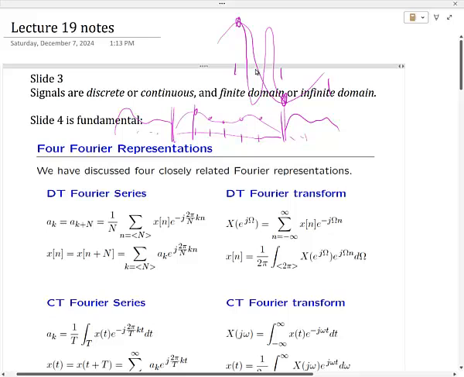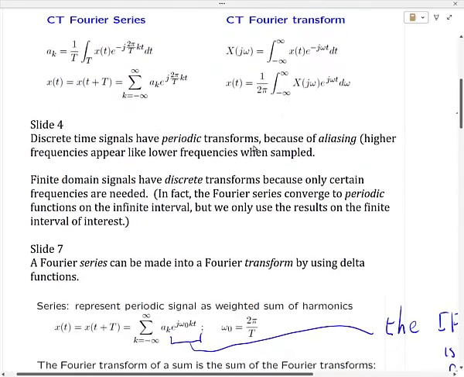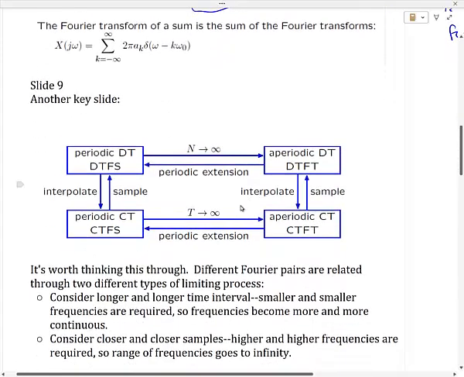But if I make my samples closer together, I'm going to need to use higher frequencies before I start aliasing. So those are the 2 types of limiting process: higher frequencies and longer time intervals.